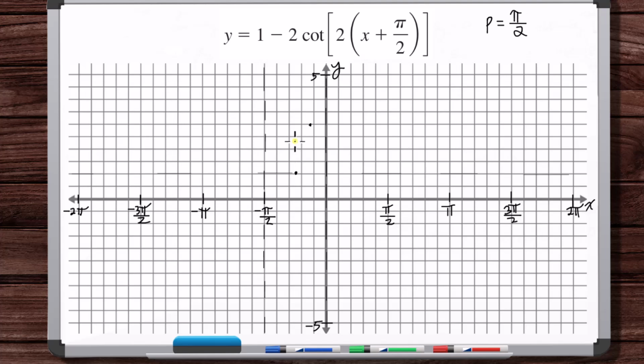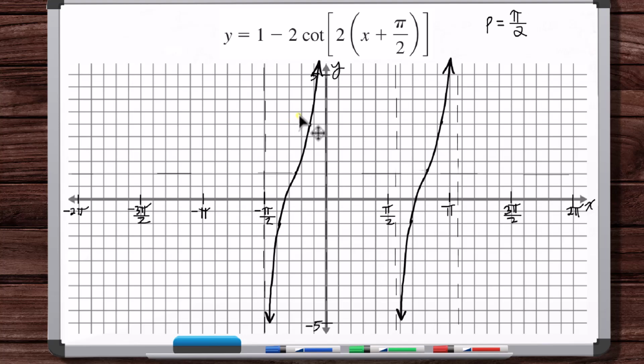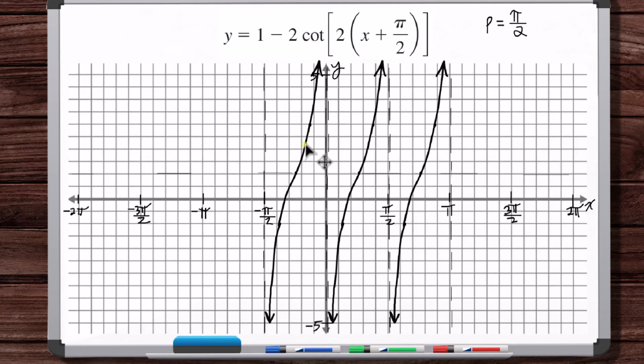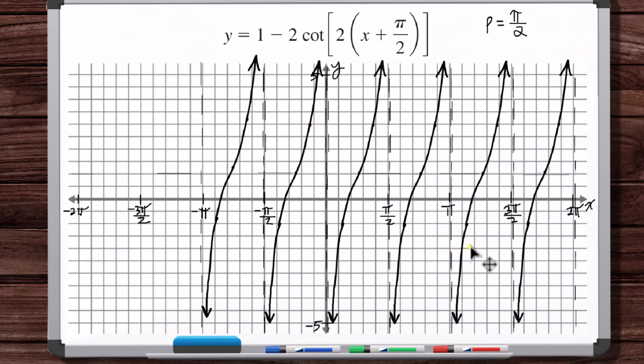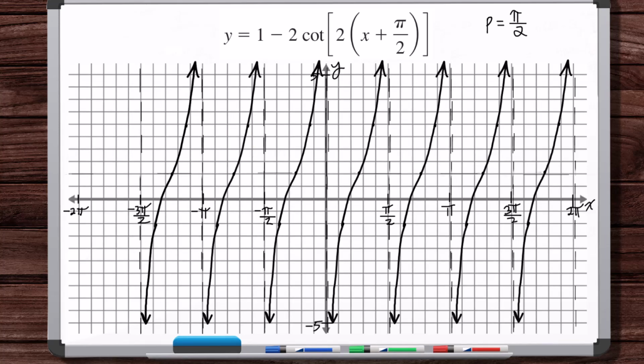So this is 1, 2, 3, 4 tick marks. So at the, let's see, we go 1 1/4. So here's the 3/4 point, and then we need to go 1 down to here. Okay, let's draw it. Okay, now let's copy this. And there we go. There's the graph.